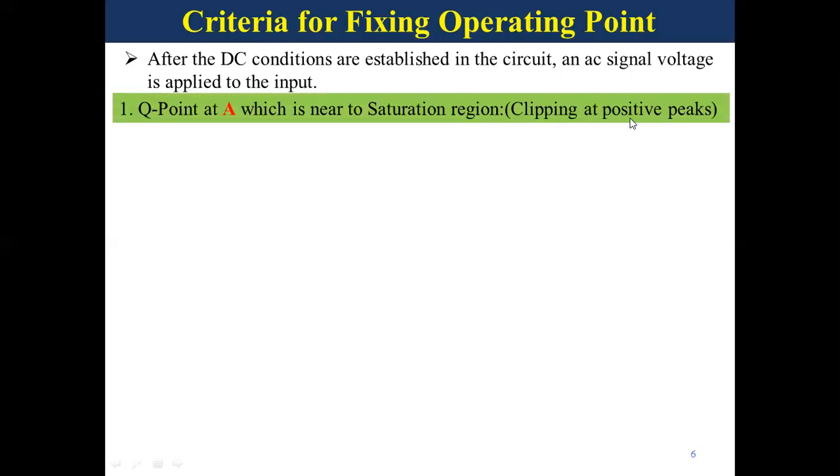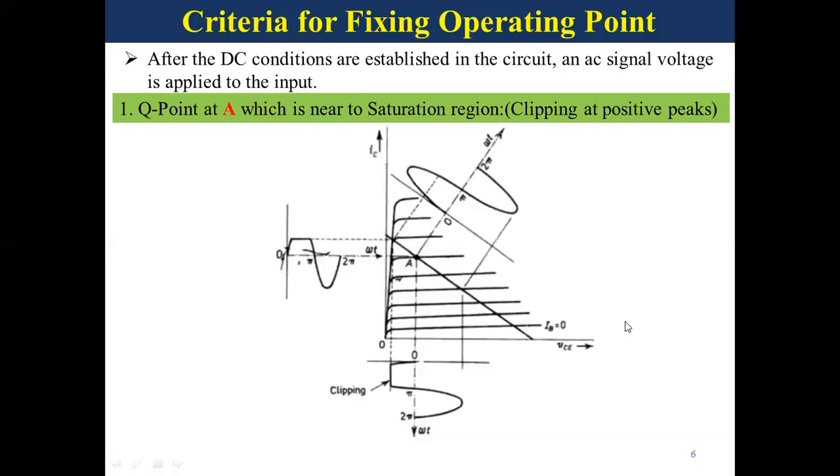In the first case, I am assuming the operating point is at A, which is near the saturation region. These are the output characteristics, and I am assuming the operating point is at location A. Then at this instant, we apply our input signal.